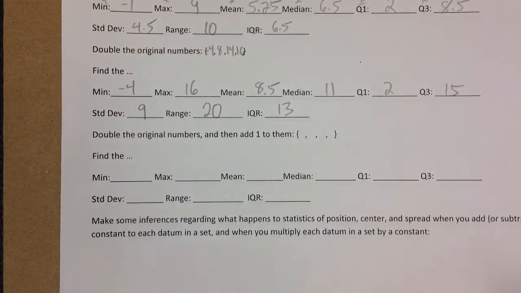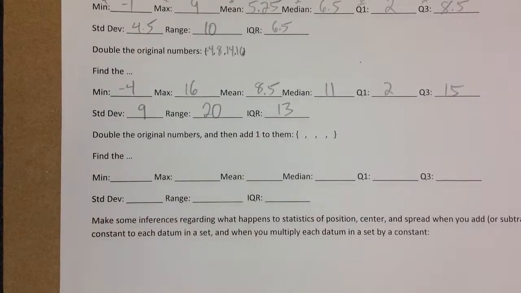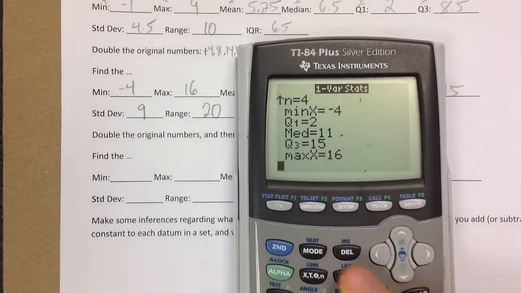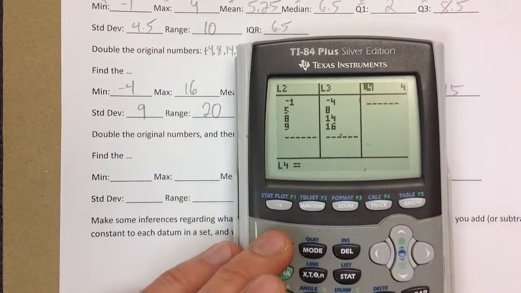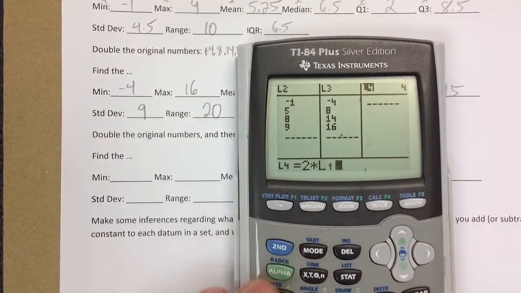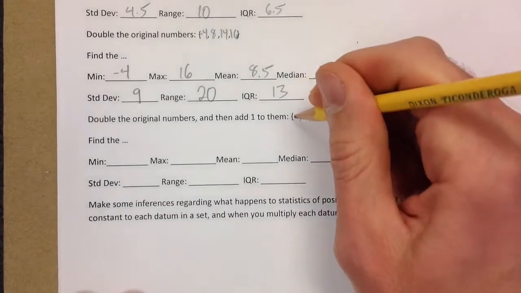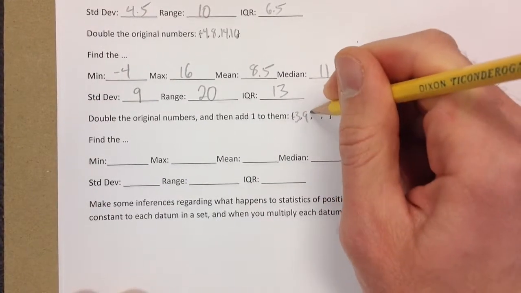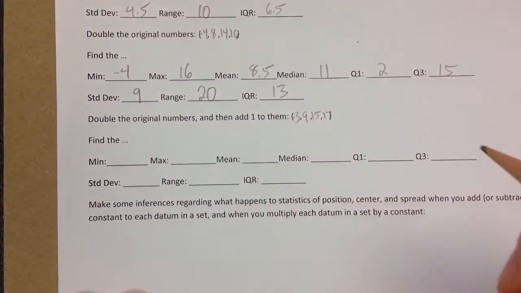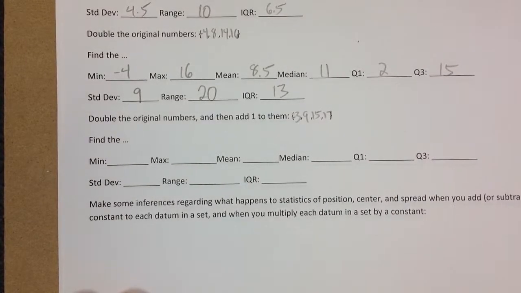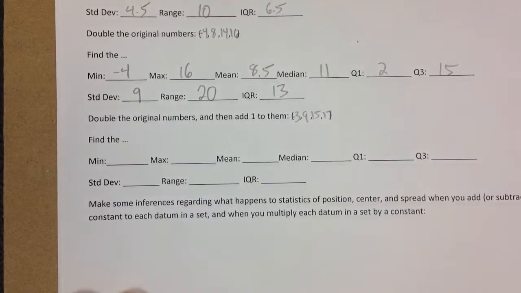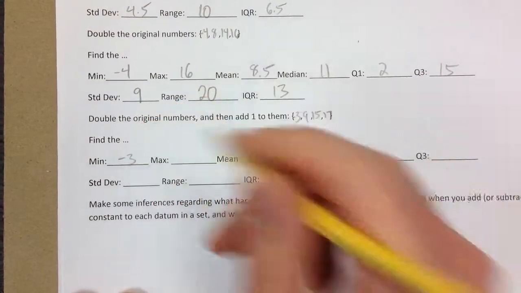All right. Last one, we're going to double the original numbers and then add 1 to them. So in L4, I can do 2 times L1 plus 1. So negative 3, 9, 15, and 17. And we'll do the statistics there. And Unwan, the minimum, negative 3.